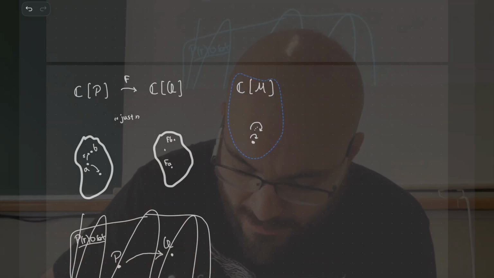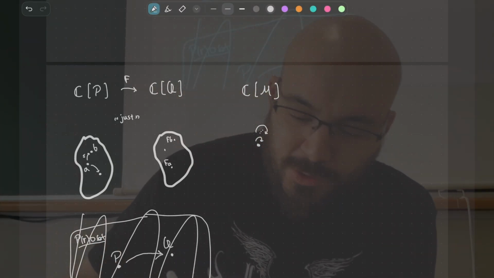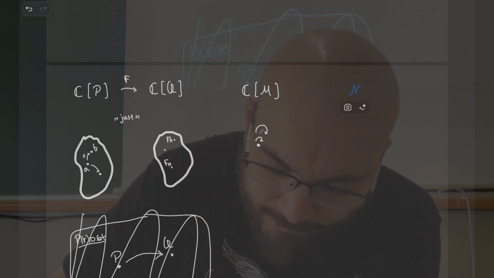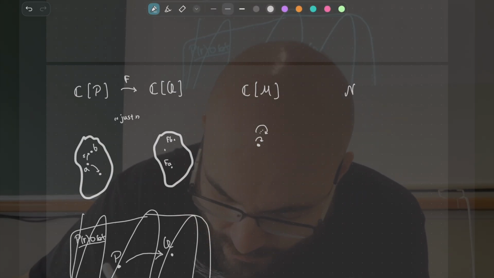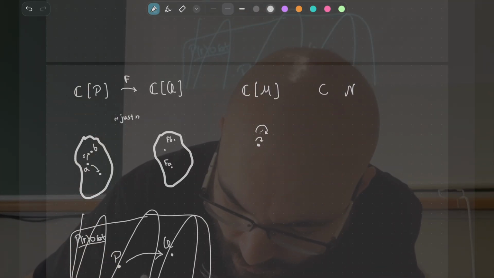So, a bit faster now, what would the situation be if I look at monoids? Now I have two monoids, M and N, and the idea is that I see both of them as the corresponding categories.